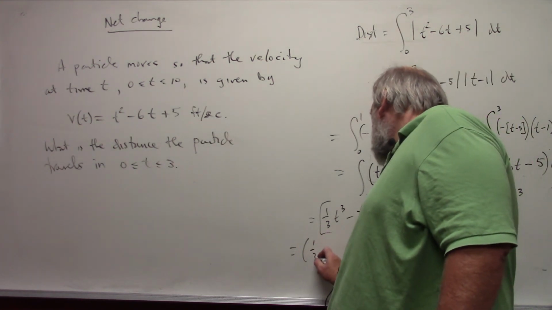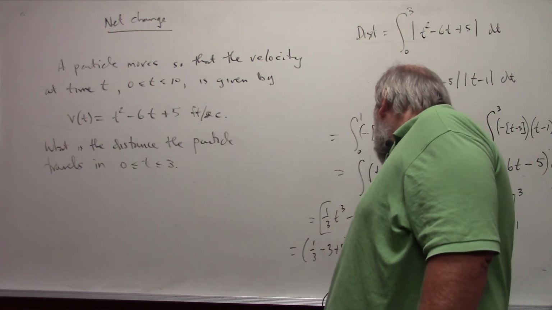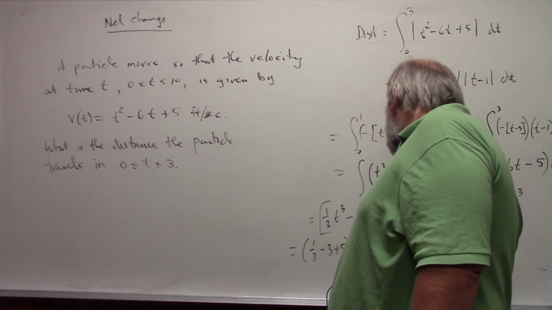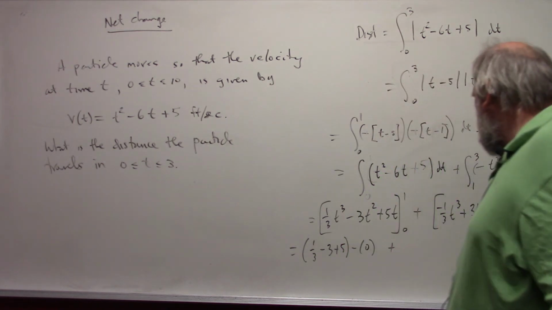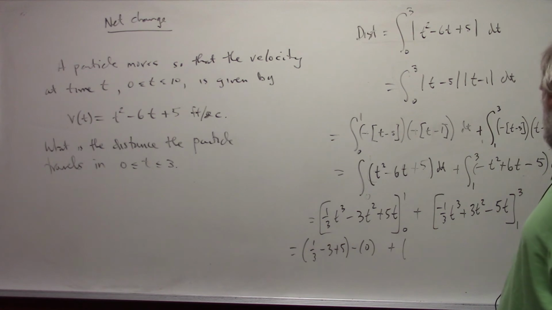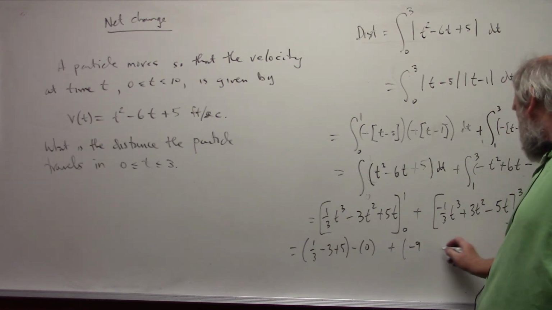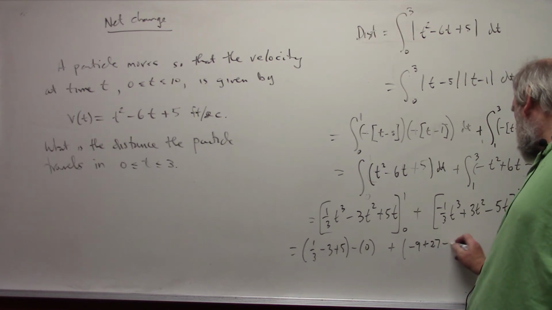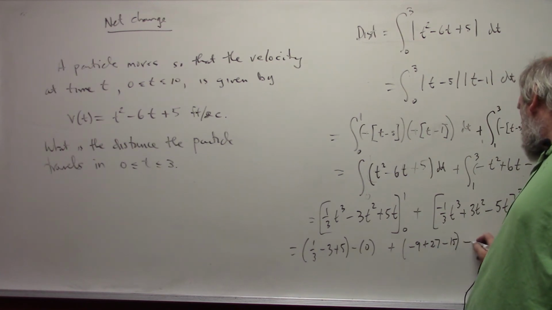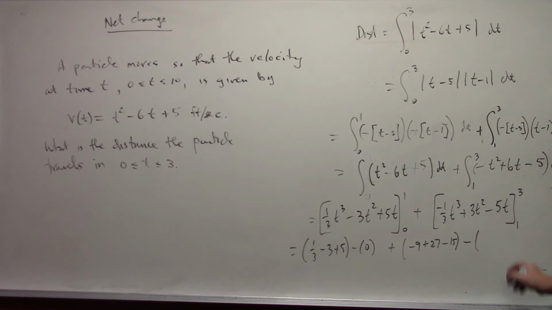This would be 1/3 minus 3 plus 5 minus 0. I put in 0 plus negative 9 plus 27 minus 15 minus negative 1/3 plus 3 minus 5.